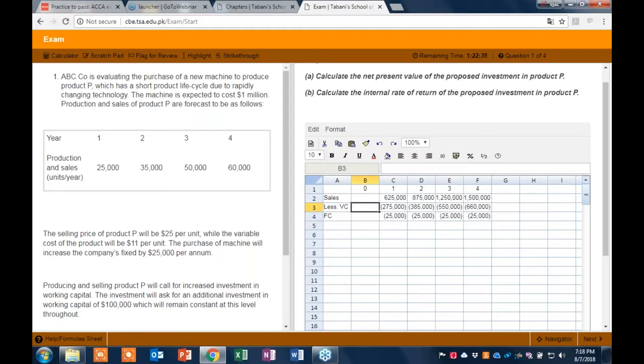So remember, when we will be preparing this pro forma for calculating net present value, we have to write all the operating cash flows and all the expenses, cash expenses, which will be allowable for tax purposes. So we have to place all those figures before we actually calculate the tax liability.